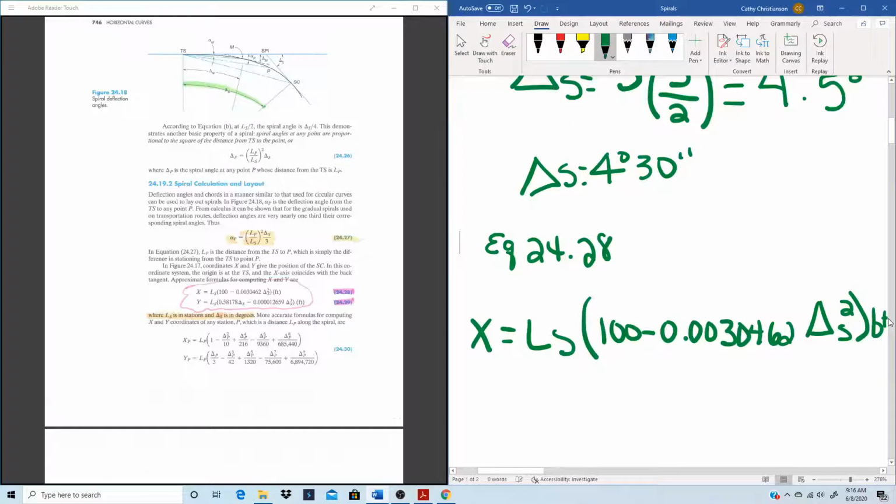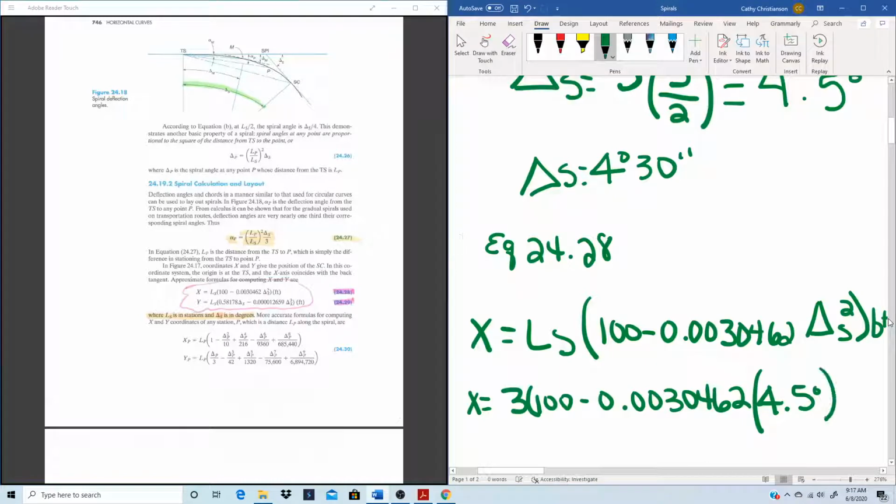Okay, so x again is going to be in stations, so that would be x, so LS is 3. All these calculations are just to get us h, 4.5 degrees squared.